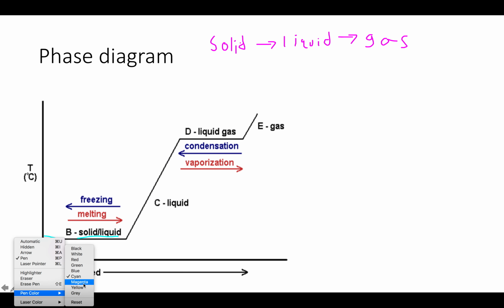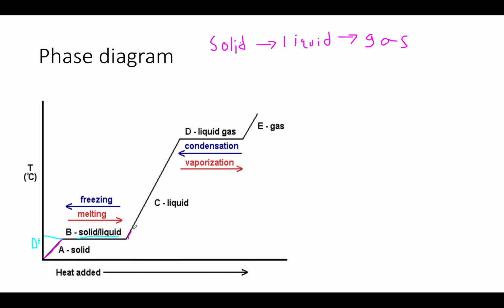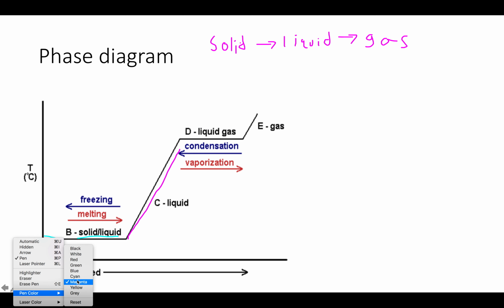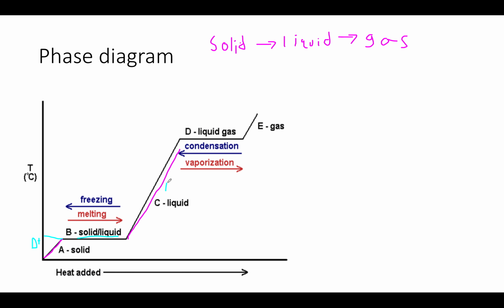Then what happens? Then it goes into a full liquid. You have some delta T here, once again. We have a change in temperature, so there is some delta T. And then what?